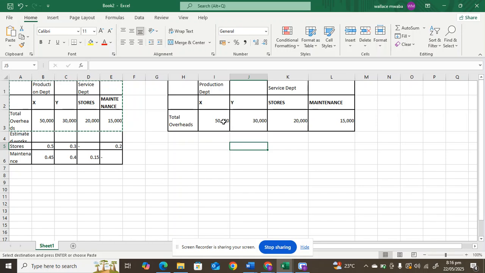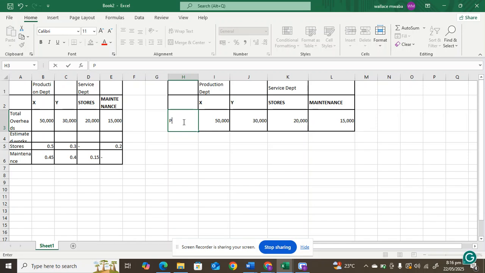First thing that we need to do, this is our primary distribution. These are the total overheads of each department.